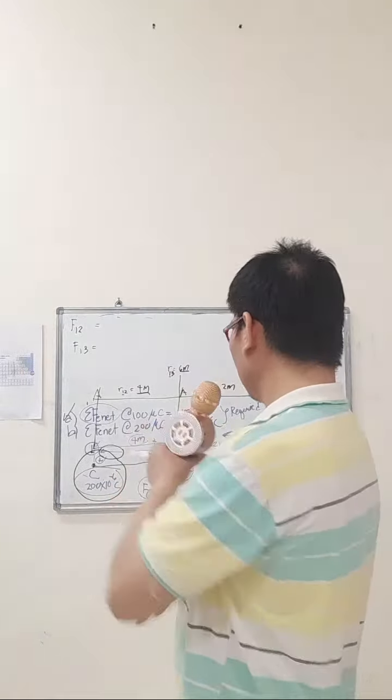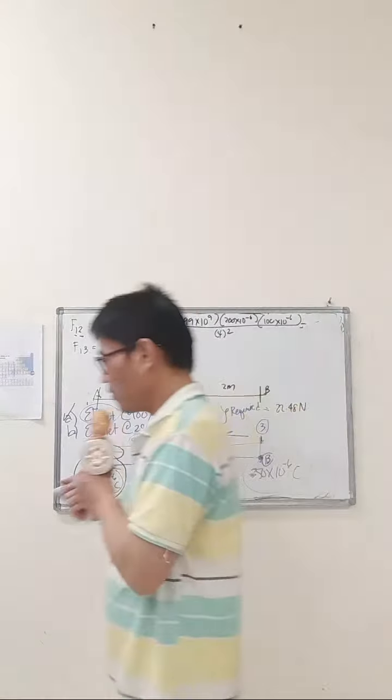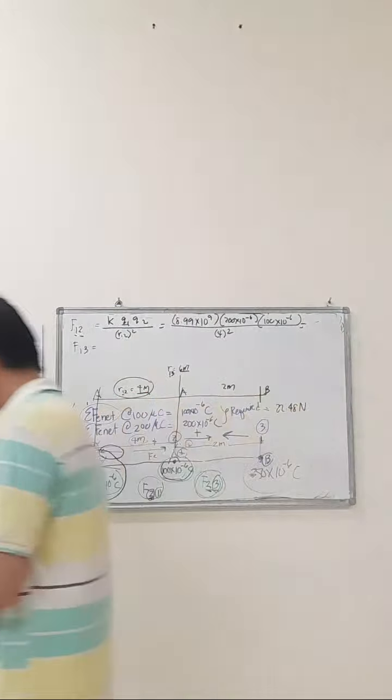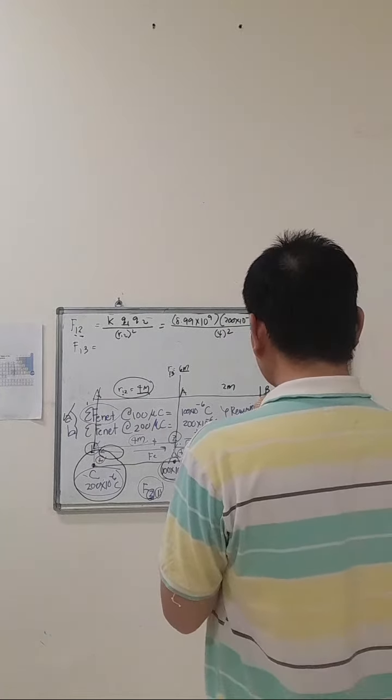Q2 is 100 times 10 to the negative 6. And then R12, which is 4, so 4 raised to the power 2. Then what is the answer? It's going to be 200 exponent to the negative 6 times 100 exponent to the negative 6 times 8.99 exponent to the 9 divided by 16. So we have 11.24.